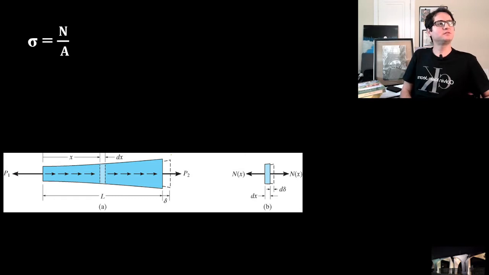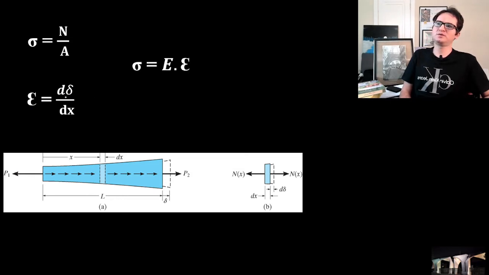From chapter 4, stress sigma is normal force over the area, and strain epsilon is d delta over dx, a small deformation over a small change in distance. Based on Hooke's law, sigma is the modulus of elasticity times the strain.